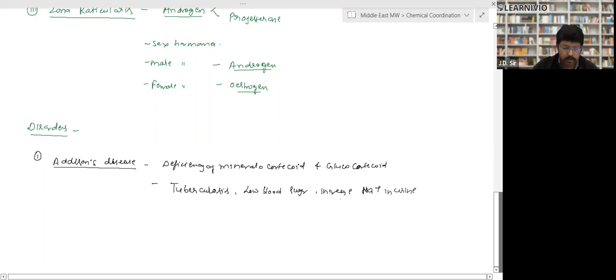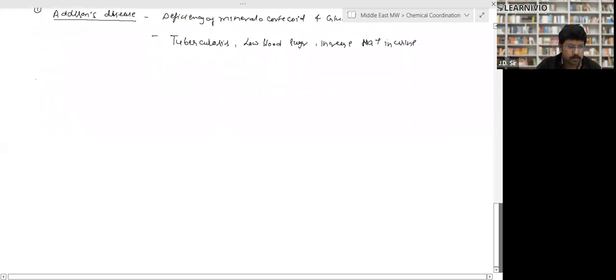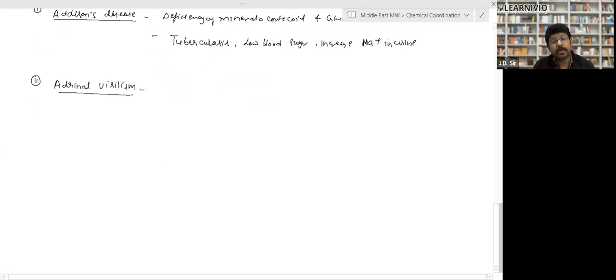The second disorder is adrenal virilism. Now, what is adrenal virilism? Note it down. It is the appearance of male characteristics in females, like the appearance of mustache and beard in females.